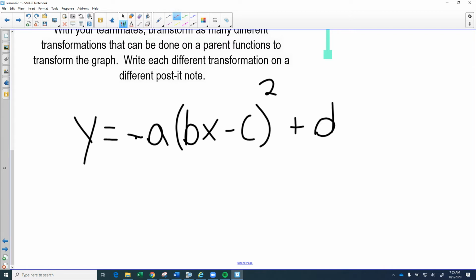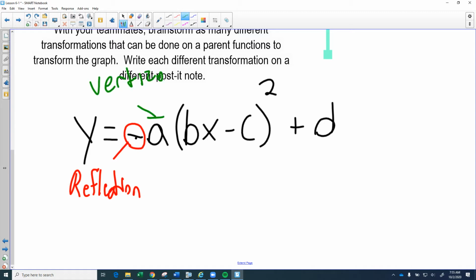For example, the negative causes a reflection. The a value is going to be my vertical stretch or shrink. The value of b here is going to be my horizontal stretch or shrink.